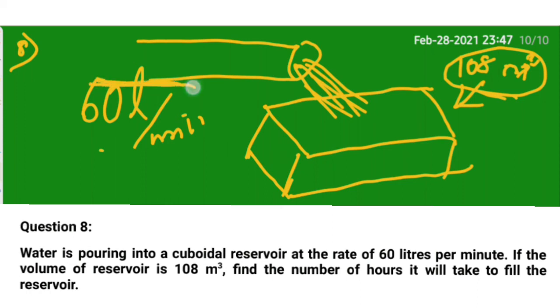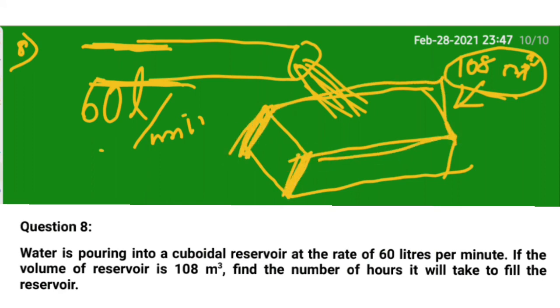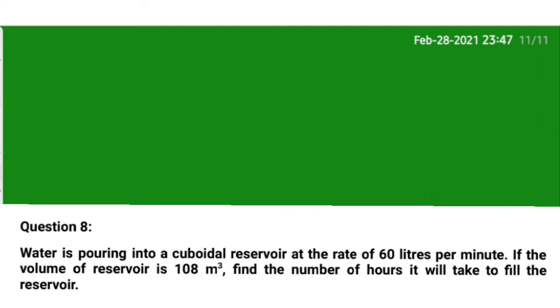So after conversion, if you divide this total volume by the volume of water flowing in a minute, you will get the time. Here, find the number of hours water will take to fill the reservoir. So how much time it will take to fill this reservoir is the question, okay? So first we'll write the given information.